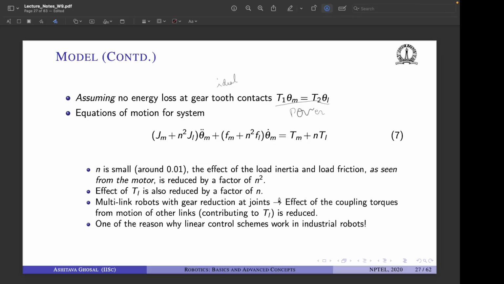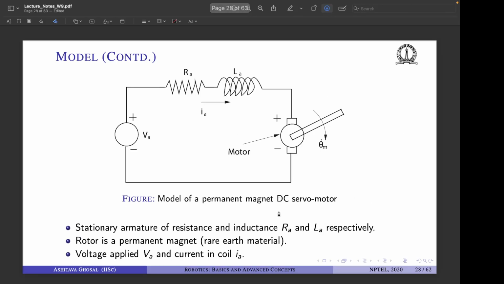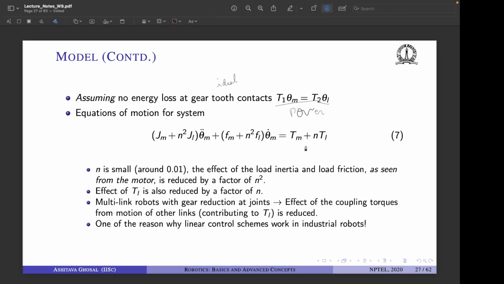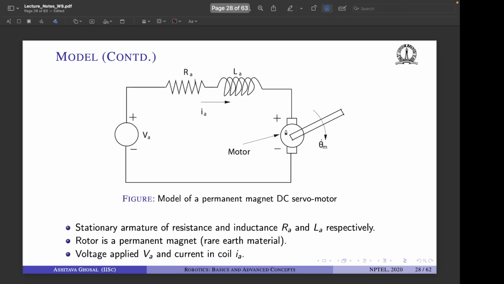Now we will move on to how to control this system. So the equation of motion that we derived here is the mechanical aspect of the single link manipulator. Now since the motor is an electrical device, this is how the motor's working looks like. The armature is stationary, and the rotor is a permanent magnet.